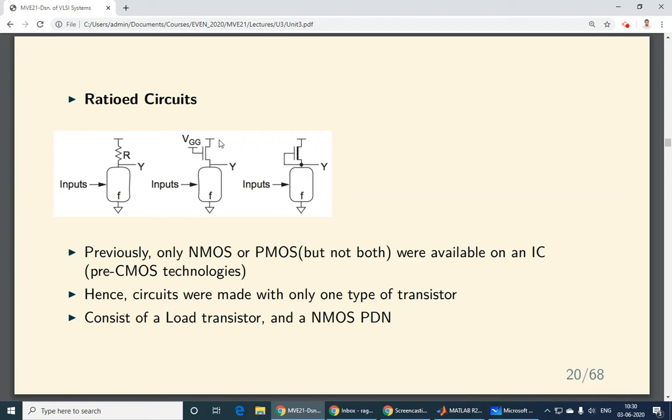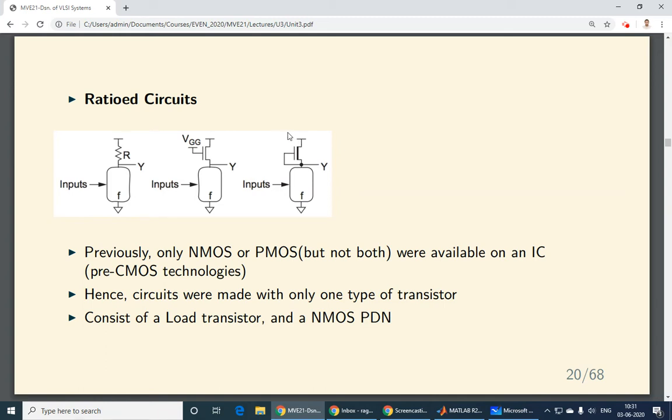So there are two separate power supplies. It cannot be the same as VDD, because then this NMOS will switch off when this node reaches VDD minus VT. So we have to have a different power supply that allows this to go all the way up to VDD. That's a problem, because when you have multiple power supplies, you have more noise between those power lines, etc. So that is the disadvantage of this second circuit.